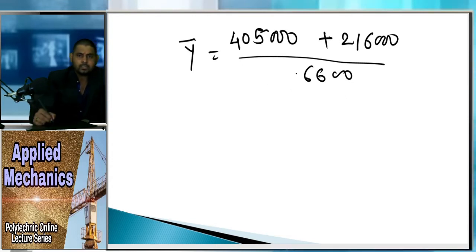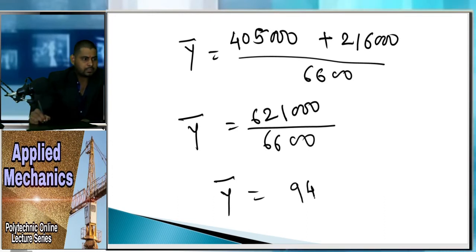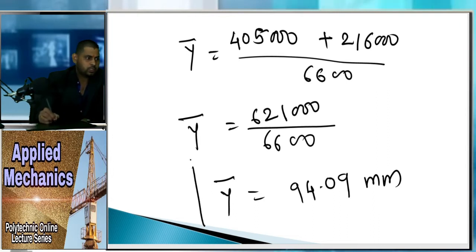So this is the calculation. Now add these two terms, so you will get 621,000 divided by 6600. Now do the division of this term, so you will get the value of y bar. So what is the value of y bar? Yes, very good. That is nothing but 94.09 mm. So this is your answer.